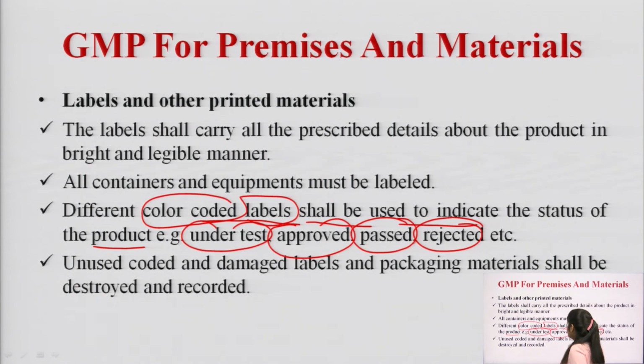All containers and equipment, as we all know, must be labeled according to quality assurance, or according to pharmacopoeial specification. Here we are talking about pharmaceutical products. Products that are not labeled are not eligible for sale and use.